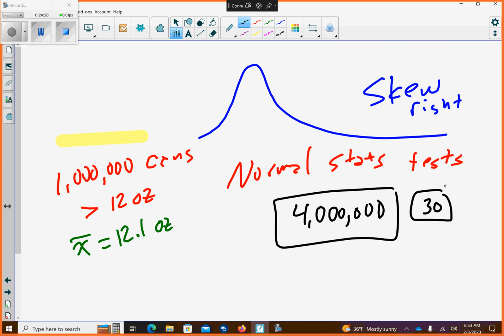So now, let's say they had a mean, and a standard deviation of 0.2, which is what the original million cans had shown. Now we're going to figure out the standard error. The standard error means I take the standard deviation, the 0.2, and divide it by the square root of 30.